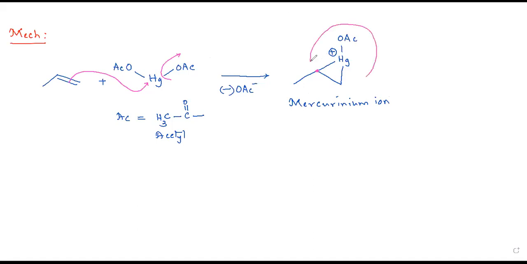This whole area is been blocked. So no chance of attack from this end. Attack is only possible from the other end. That is, you can actually have anti-addition. Okay.